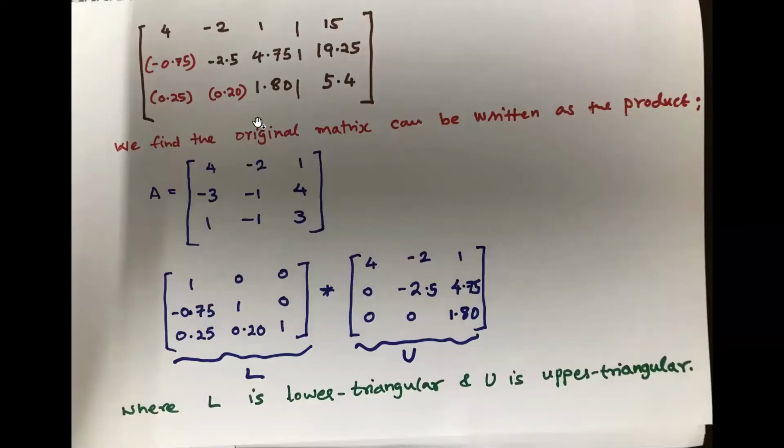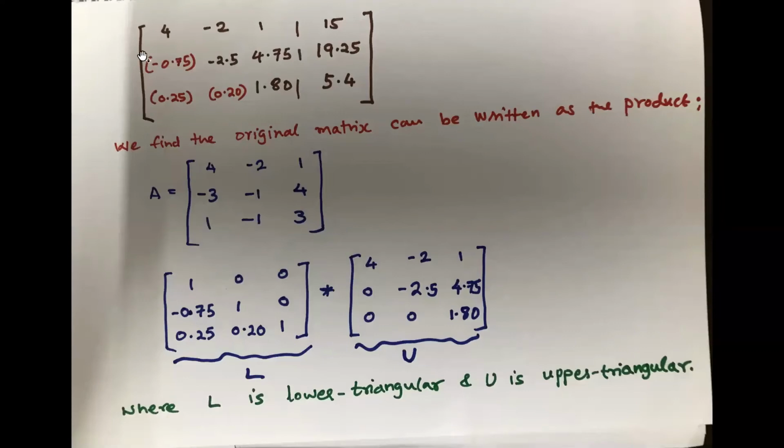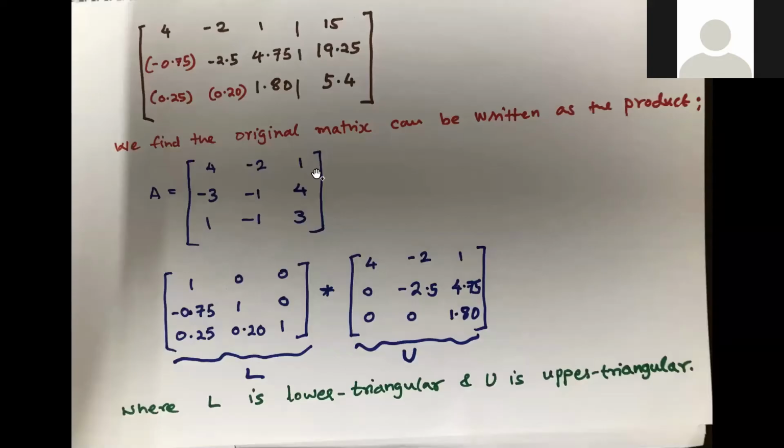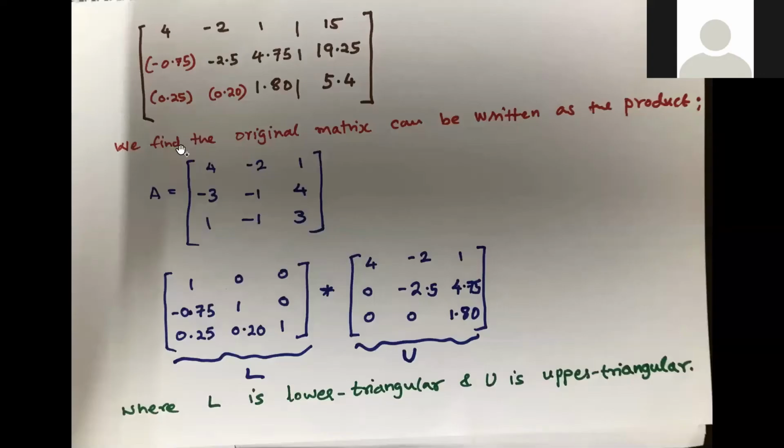So we want to replace the first multiplier, which we have used for elimination of this number to 0. The multiplier we used, -0.75, we have written here. Second multiplier, we have written 0.25 to eliminate this.